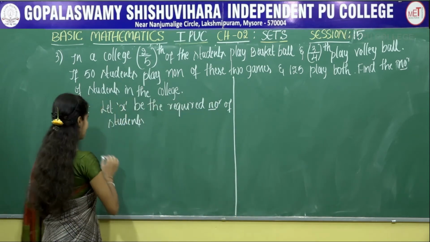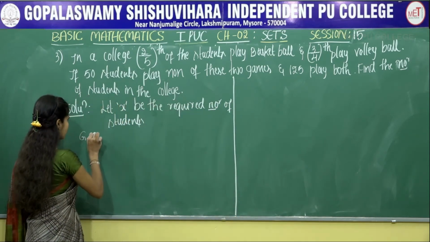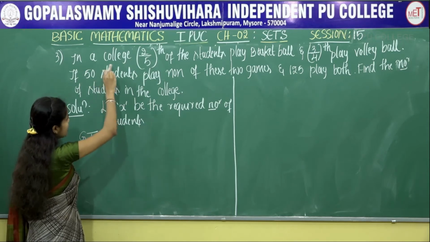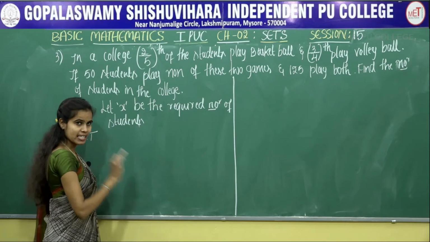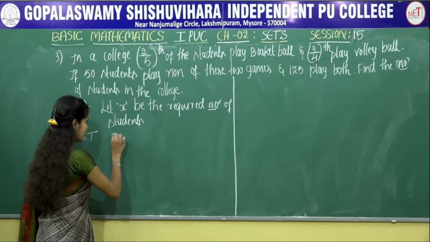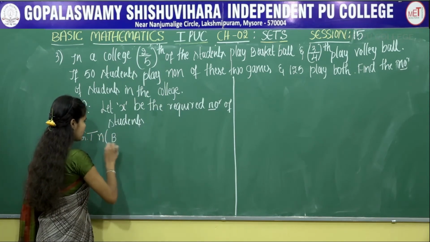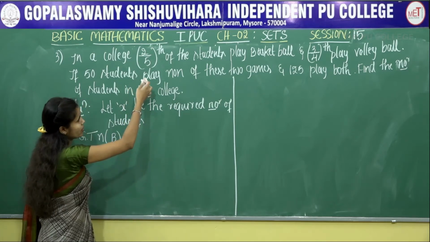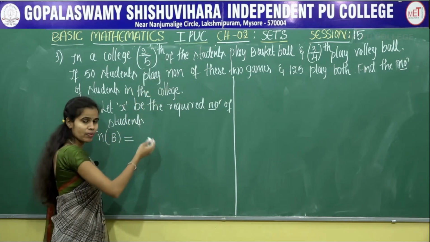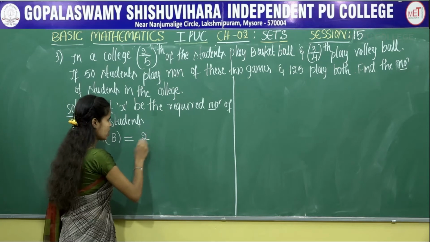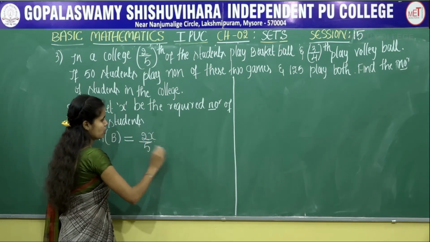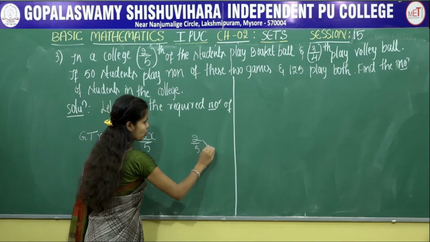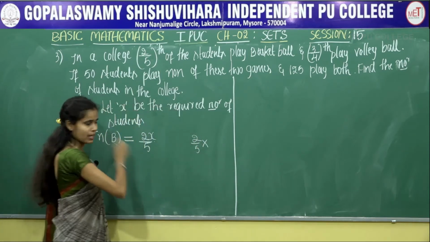So now write the given data. Here given, in a college 2/5 of the students play basketball. First describe the set B. So n of B is equal to 2/5 of the total number of students. So 2/5 into x, where we consider the total number of students to be x.